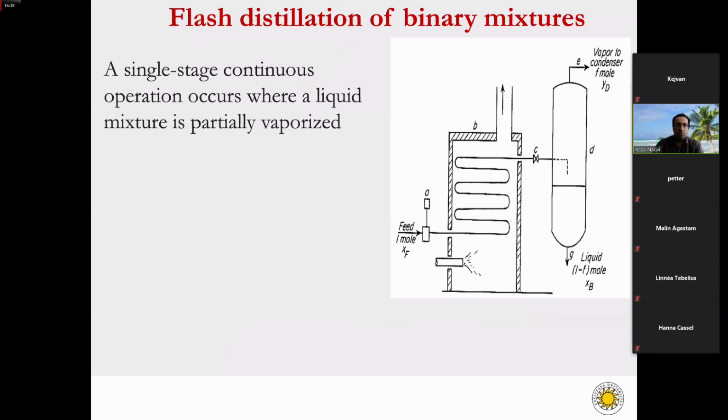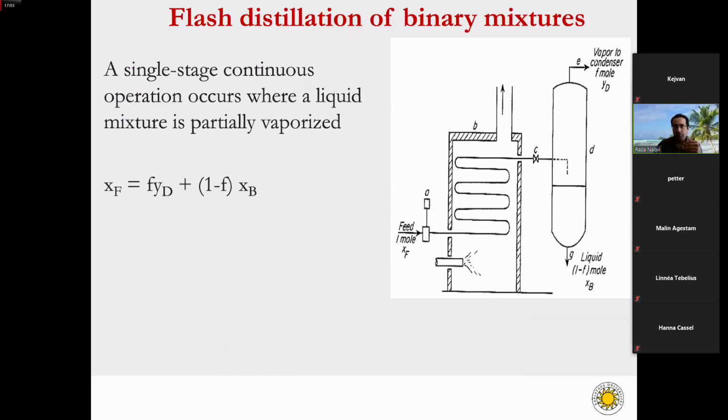Now I will start with flash distillation. This is just to show you a single stage continuous distillation column where a liquid mixture is partially vaporized. So we add our feed into the system and we increase the temperature and we allow the separation based on the vapor and the liquid phase. And then we can very easily do the material balance around this kind of system.